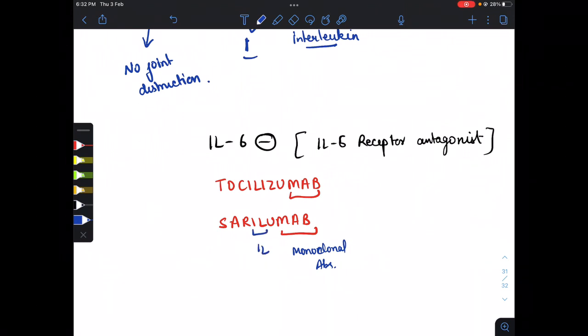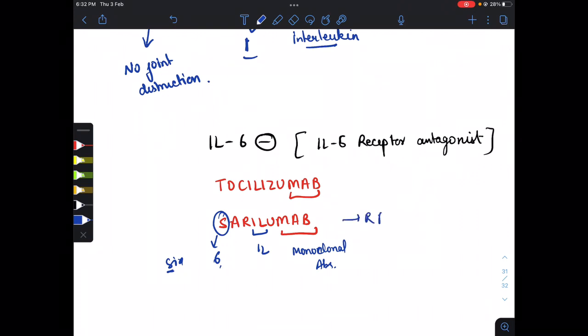IL stands for interleukin, and S stands for 6. So sarilumab is the interleukin 6 monoclonal antibody, and it is used in rheumatoid arthritis. While tocilizumab is a treatment of cytokine release syndrome.